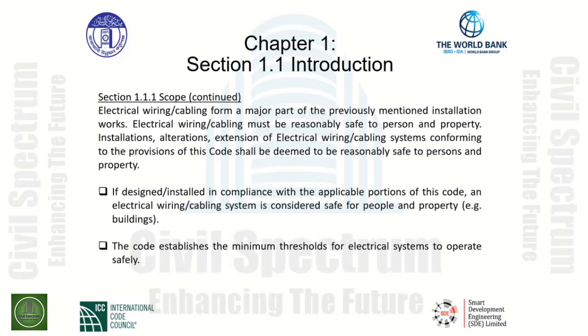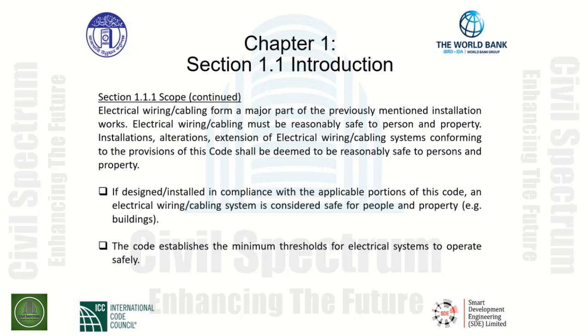Continuing with the scope requirements, electrical wiring and cabling form a major part of the previously mentioned installation works. Electrical wiring and cable must be reasonably safe to person and property.